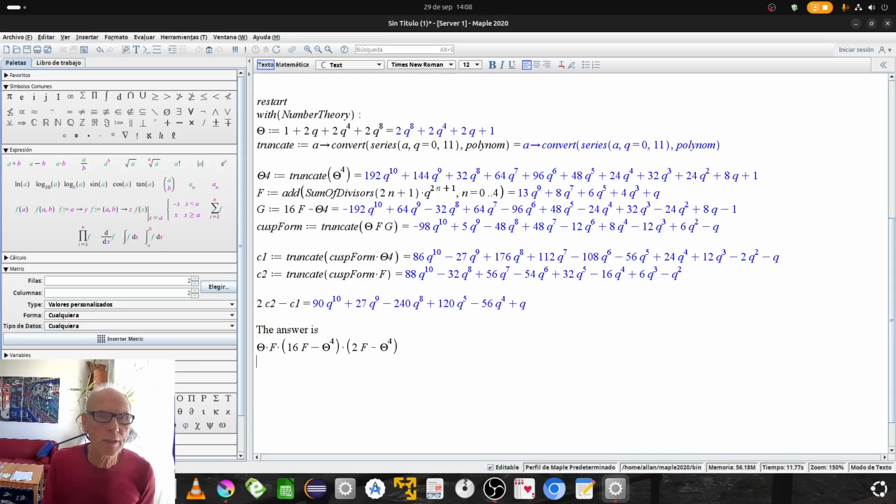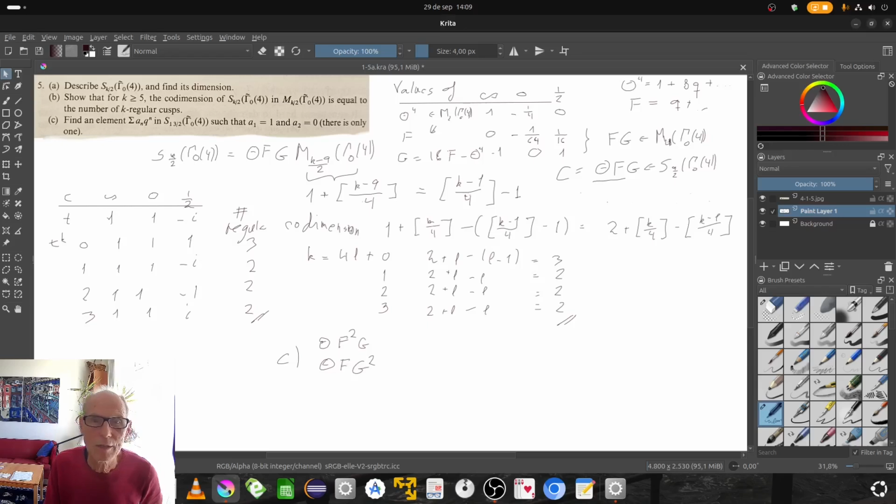And first I define theta, and then theta to the 4th, and truncate it up to q to the 10th, and define f. Then, yeah, that was what we had to multiply by, as it says here.